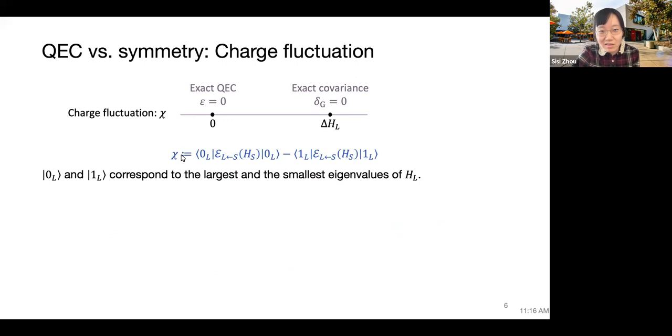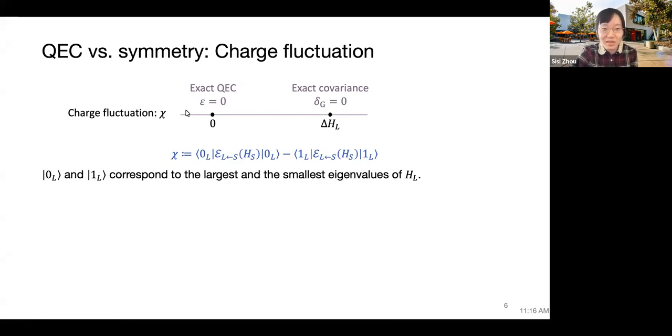The charge fluctuation is the difference between these two quantities: the expectation value of the dual of HS on 0 and the dual of HS on 1. 0 and 1 correspond to the eigenstates of HL with the largest and the smallest eigenvalues.